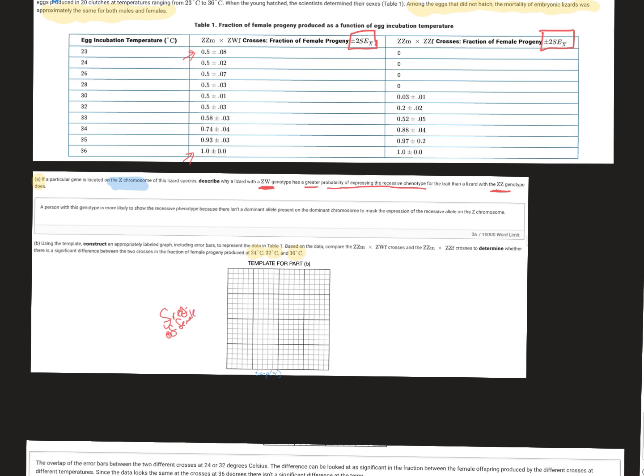It's not frequency, it's fraction, and that's important if you're doing it on the AP exam. But I'm running out of time, so I'm just going to put fraction of females, plus or minus 2 standard errors.